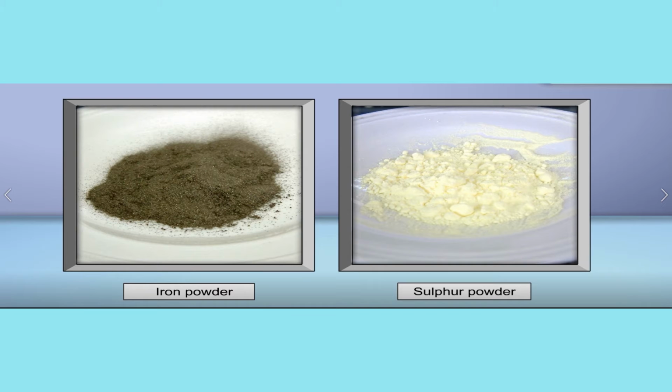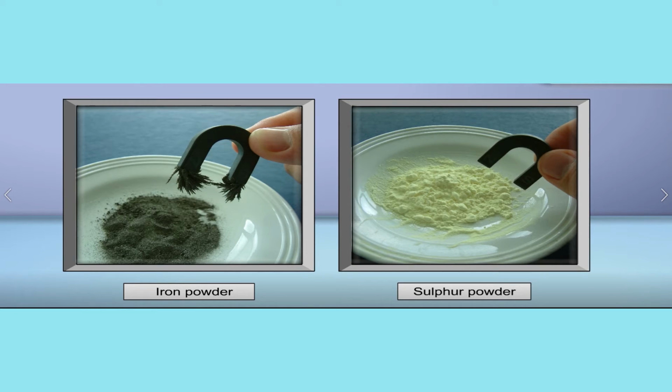Iron and sulfur are elements. Every element has its own physical properties. Sulfur is yellow in color and cannot be attracted by a magnet. Iron powder, on the other hand, is grey in color and is attracted by a magnet.